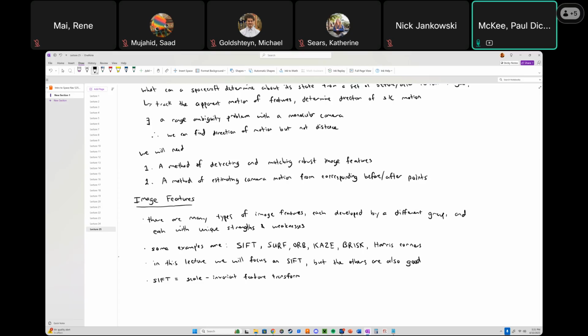So as I've been yapping about, let's just put this into words here. All image features, not just SIFT, consist of at least three capabilities. I guess I boiled it down to two earlier.